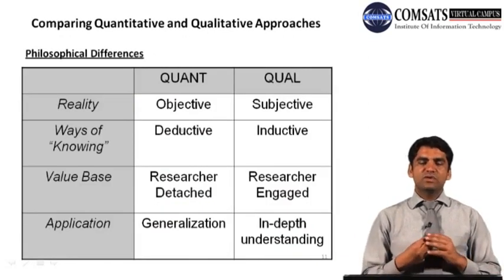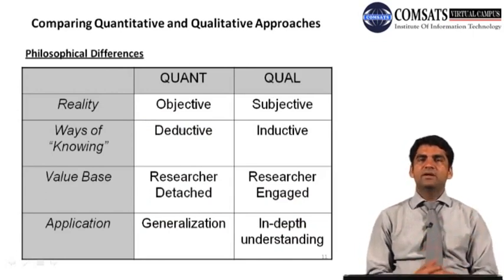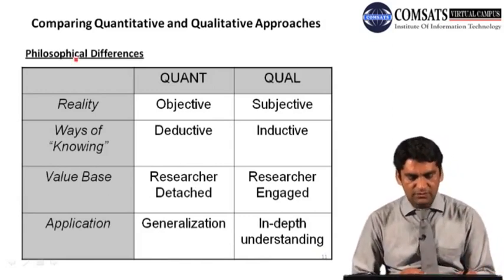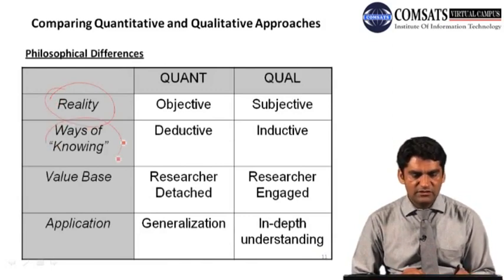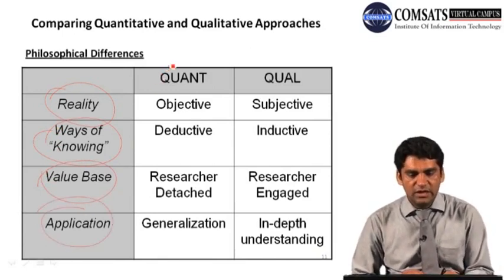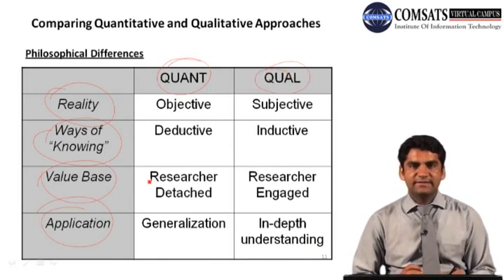Comparing qualitative and quantitative approaches. For example, what are the philosophical differences between qualitative and quantitative approaches when we look at different things? For example, when we want to observe reality, ways of knowing, value base and application. Here we have quantitative and here we have qualitative.